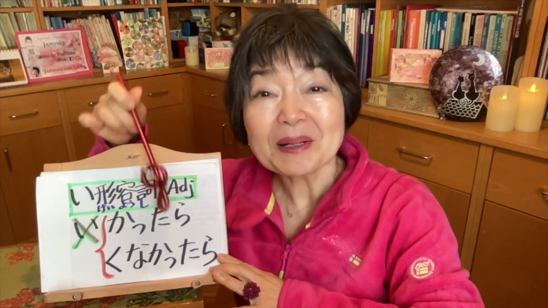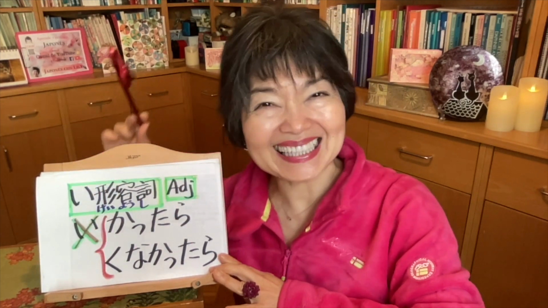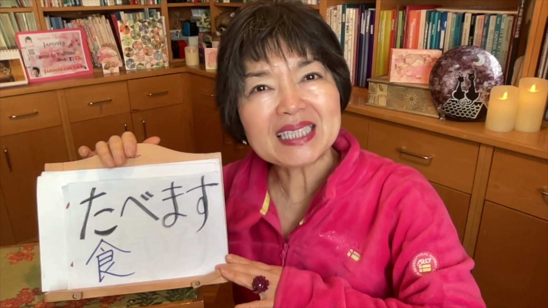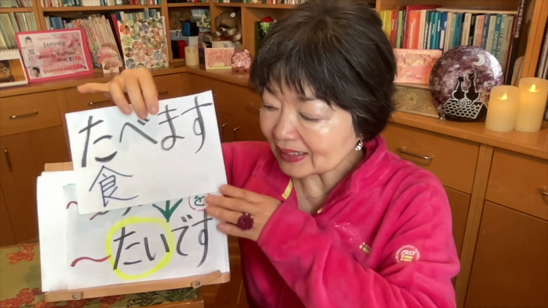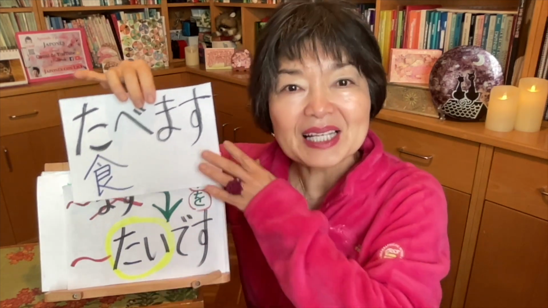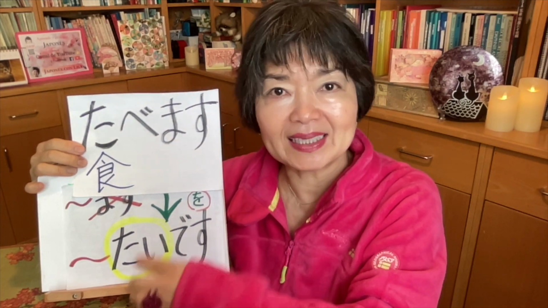Till here, we studied affirmative sentences. かったら。But in this case, we are gonna learn the negative sentence. くなかったら。If you don't wanna eat now yet, we'll eat after. How to say I don't wanna eat or you don't wanna eat? 食べたくないです。Because 食べたいです。I wanna eat. 食べたくないです。I don't wanna eat.